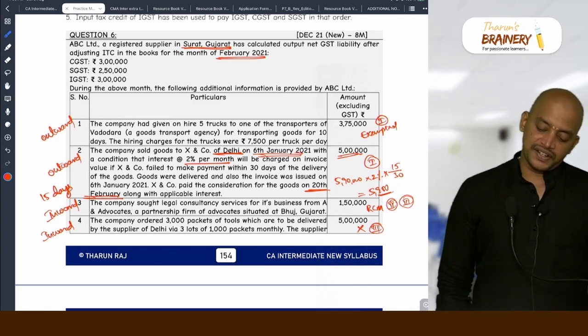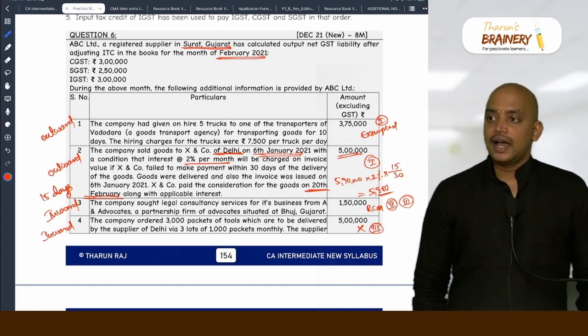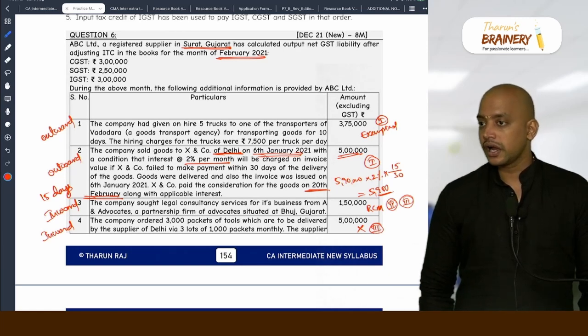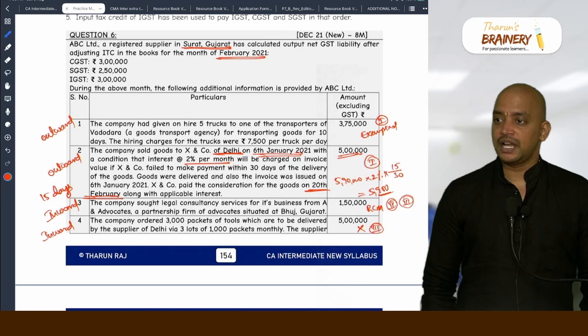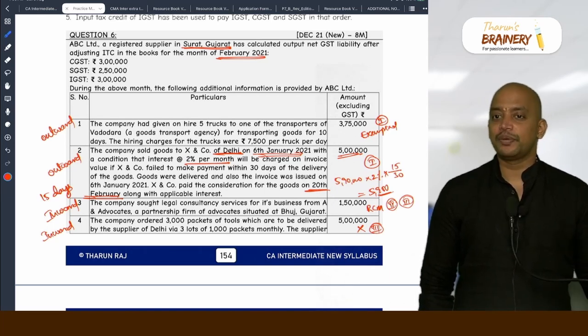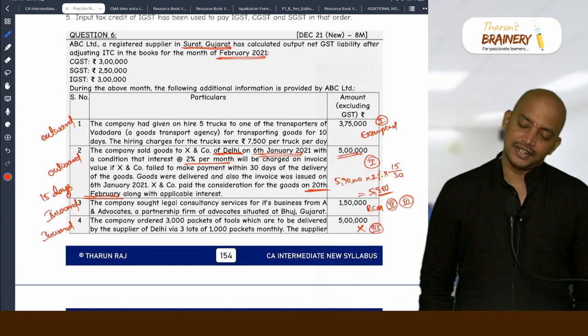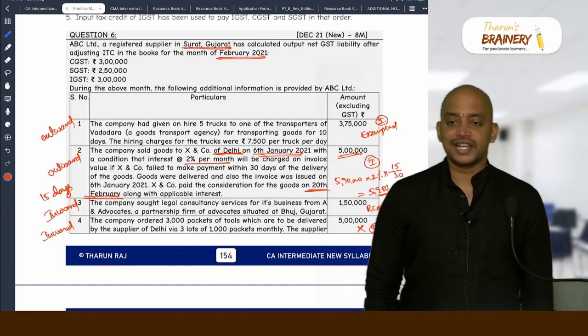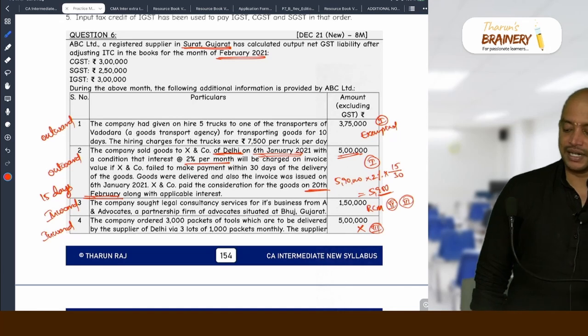And in that first one, hiring of trucks. That is already they have some liability, that we will write last. Or you can put opening balance, like that you can put. Yes. Opening balance 3 lakh, 2 lakh 50, 3 lakhs. That is their liability already.